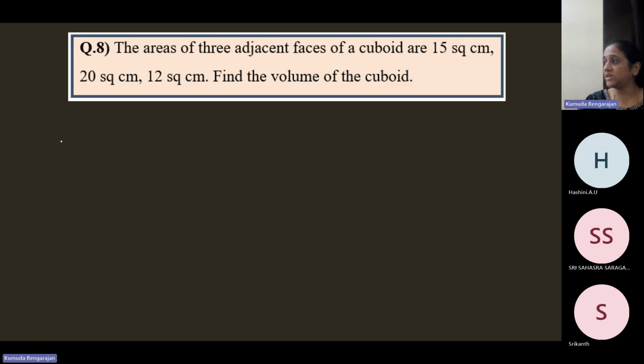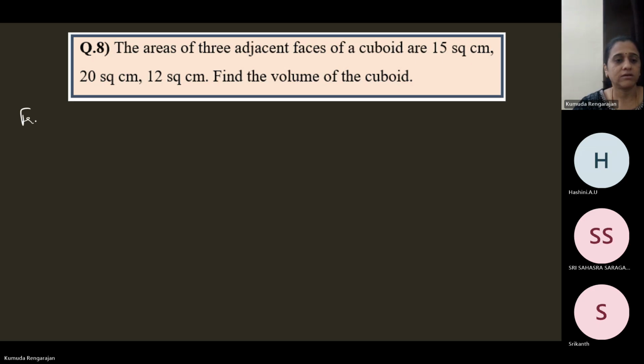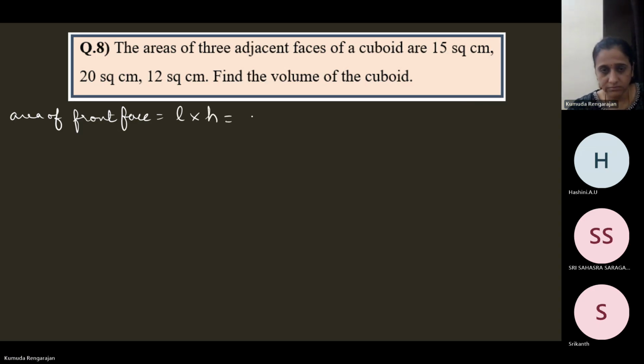The areas of the 3 adjacent faces are 15 square centimeters, 20 square centimeters and 12 square centimeters. So let's say the front face is L into H, 15 square centimeters.